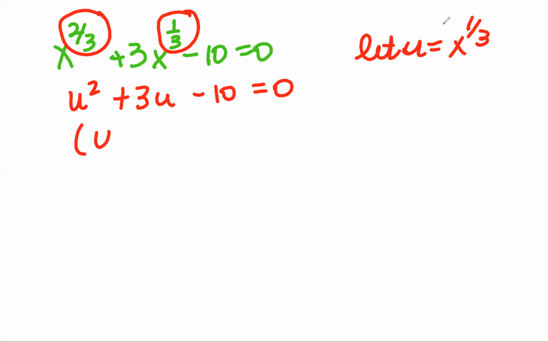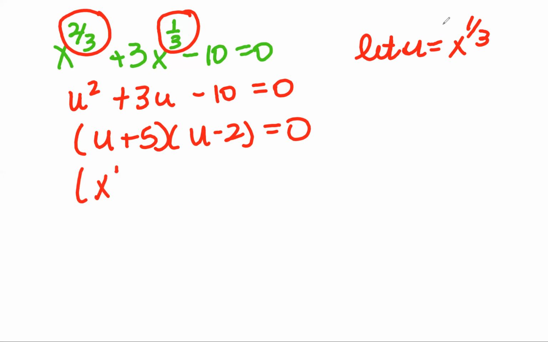Factor that, u plus 5 times u minus 2 is equal to 0. And then I can substitute in x to the 1/3 plus 5 times x to the 1/3 minus 2 is equal to 0. And now this becomes like any other problem that you would do.